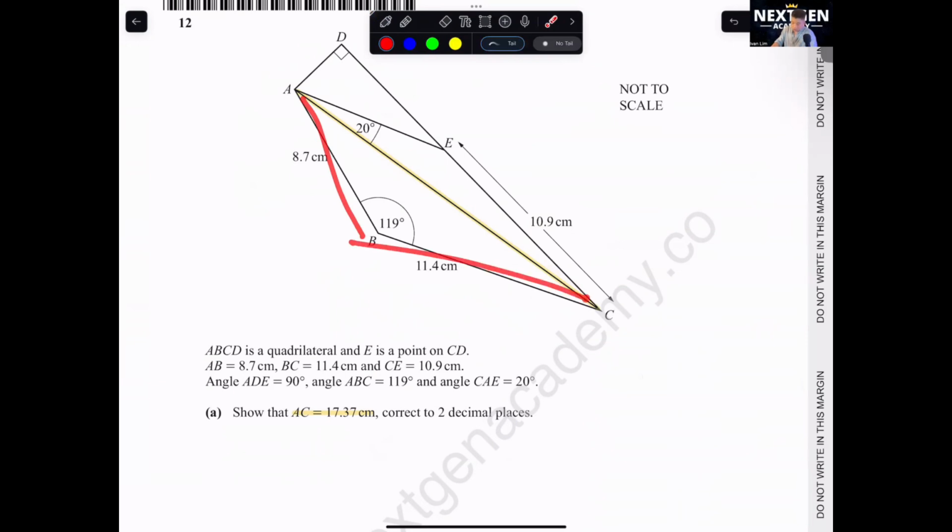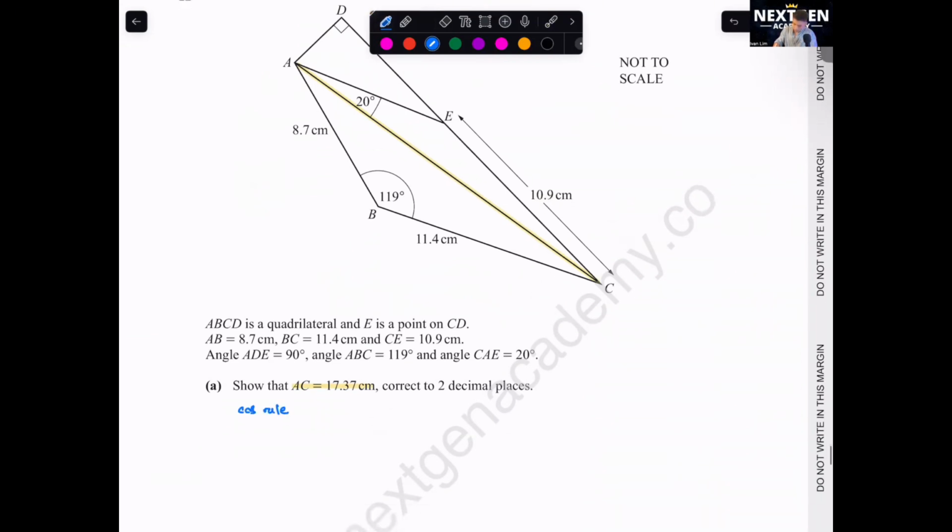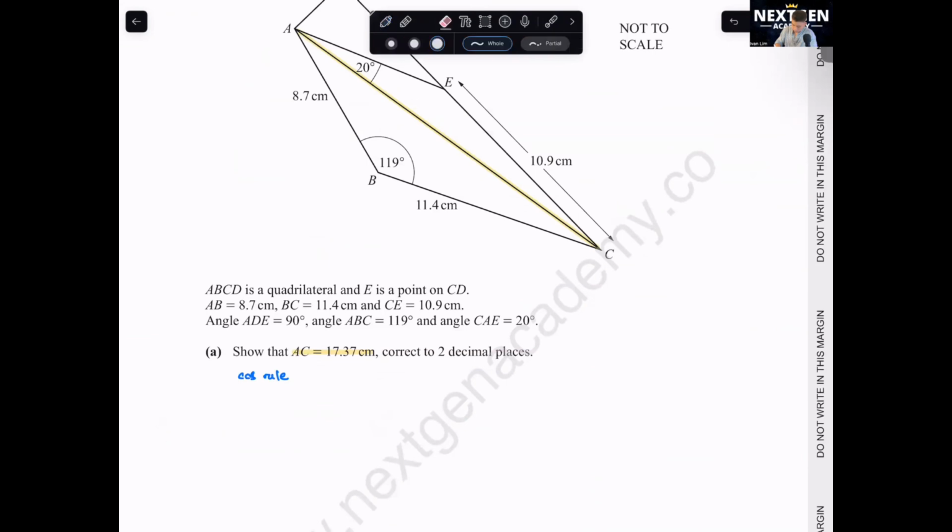We have two lengths and an included angle, so we will use the cosine rule. We have this triangle here: 8.7, 11.4, 119 degrees.